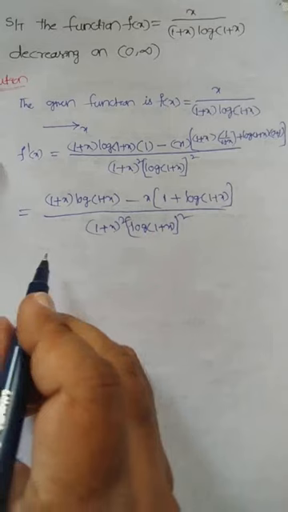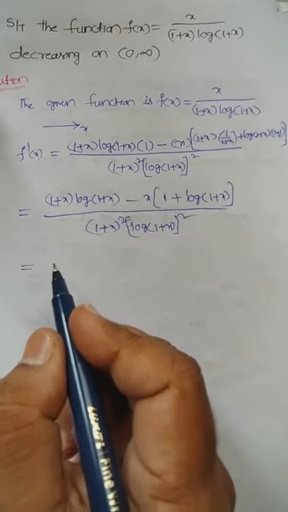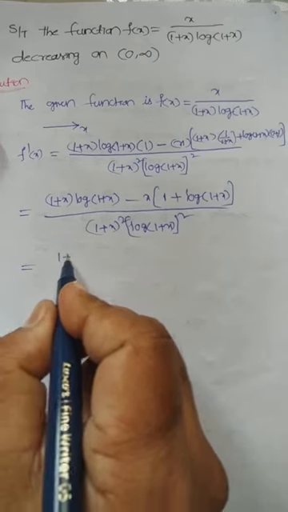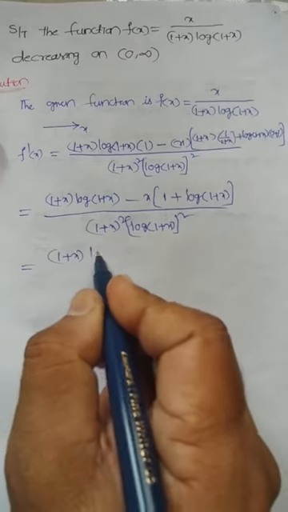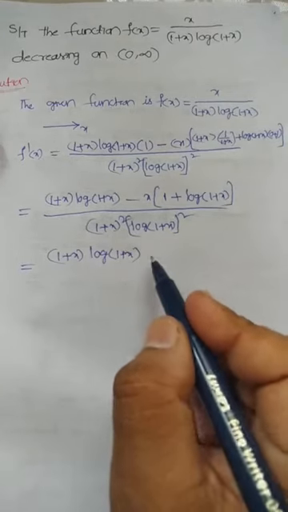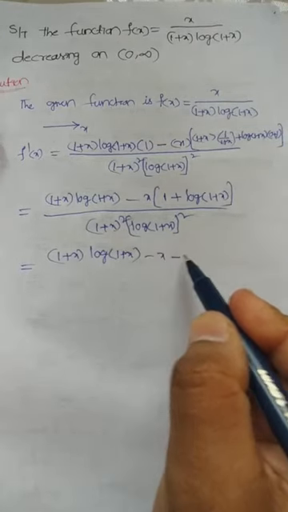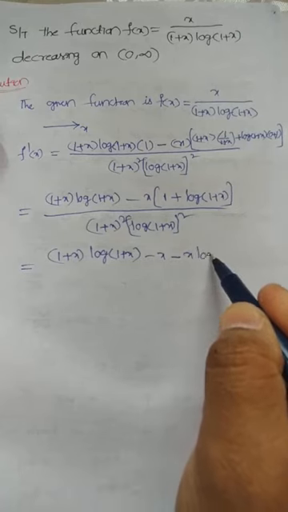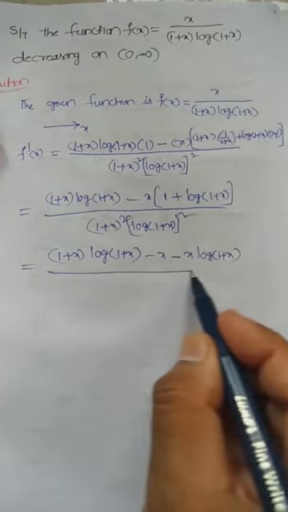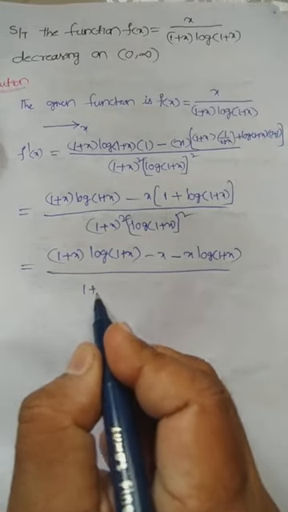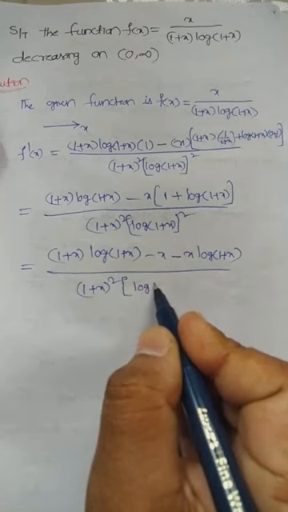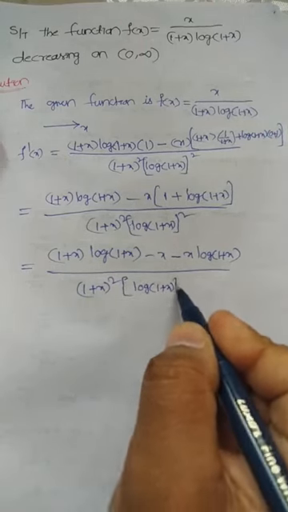Are you following? Now let us observe what we are getting. 1 plus x into log of 1 plus x, now minus x, and again minus x into log of 1 plus x, all by (1 plus x) whole square into (log of 1 plus x) whole square.